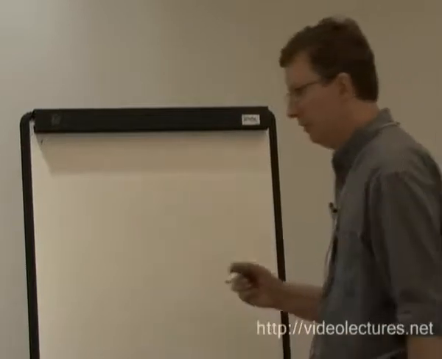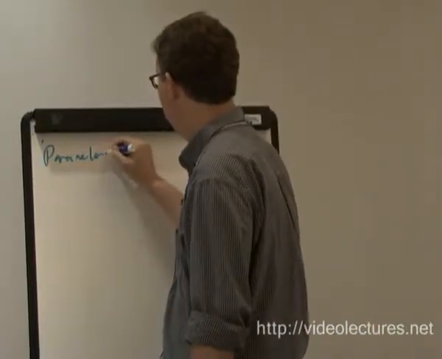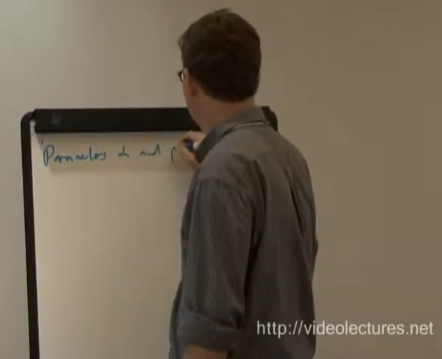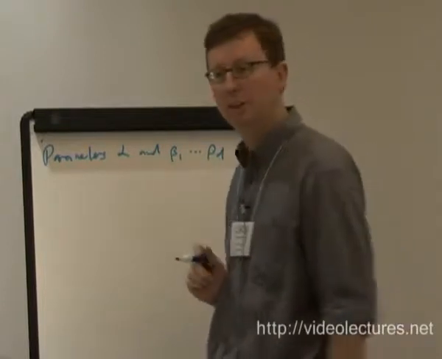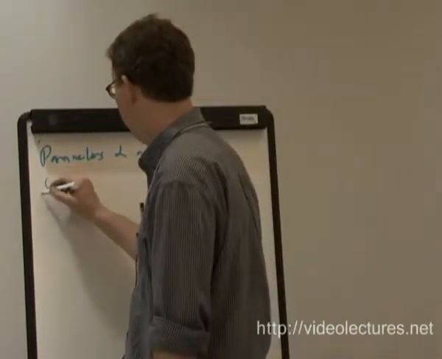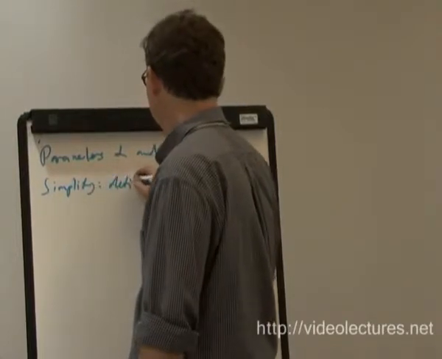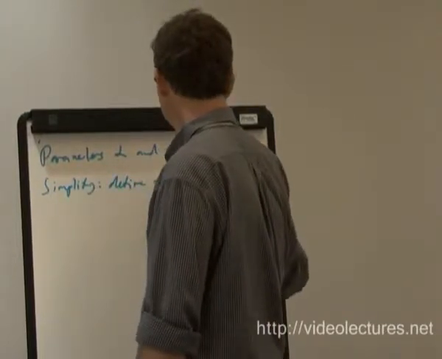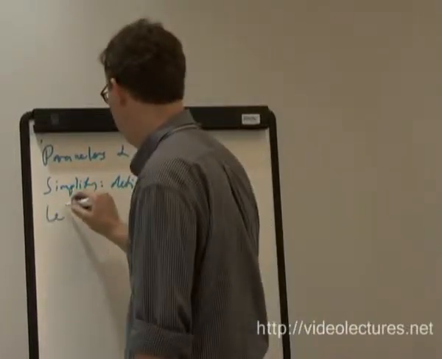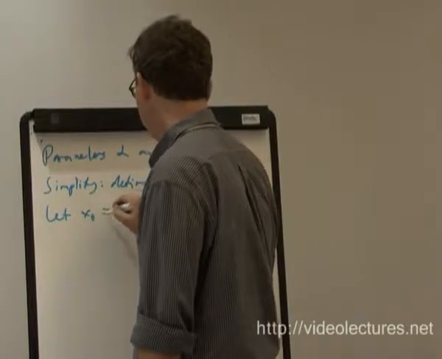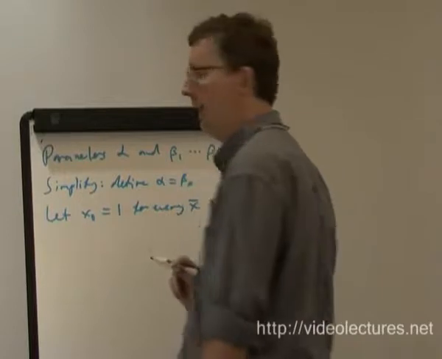Okay, so I have my parameters alpha and beta 1 to beta d. So now, first I'm going to simplify. I'm going to define alpha equals beta 0 and let x0 equals 1 for every x bar.